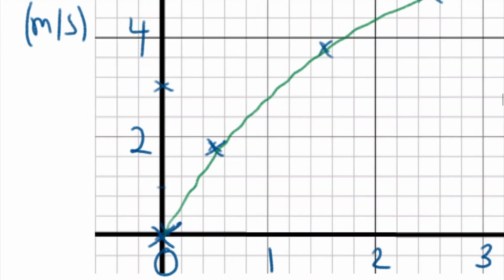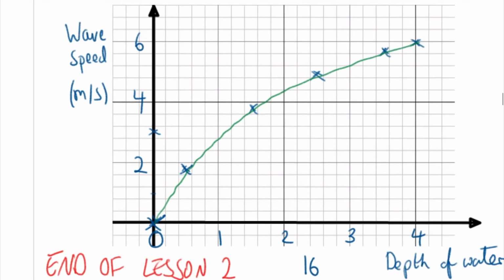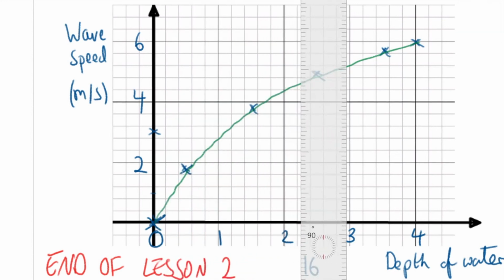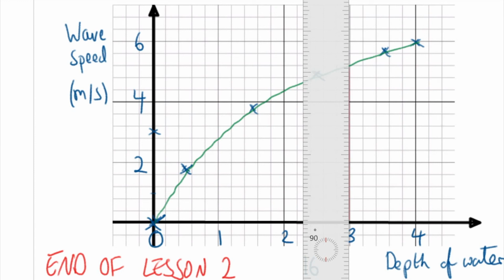Now if we look at this graph, we can use extrapolation lines. So if I use a different colour, if I just choose red, find the ruler and go up from 3 as the depth of the water, there.